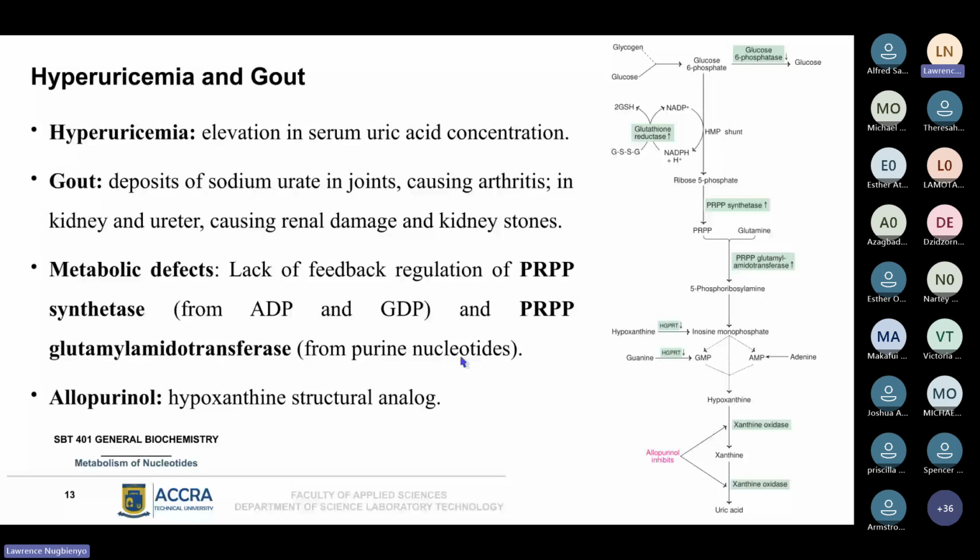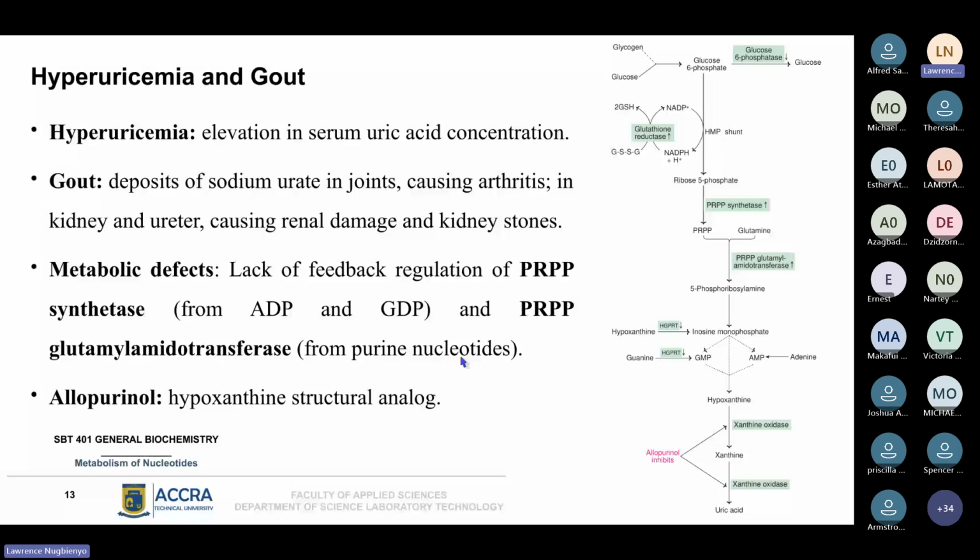If it is in the kidneys, this can result in what is referred to as kidney stones, or can result in some renal damage, or even kidney stones in the ureter, the tube that is connecting the kidneys to the bladder.